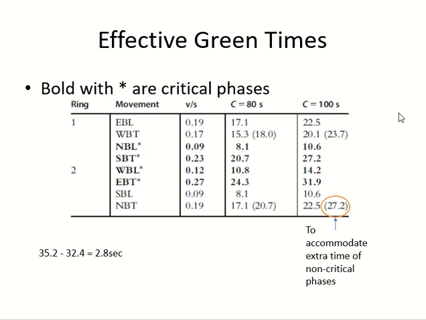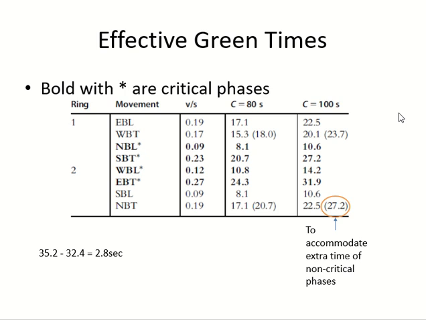Okay, total is how much? 35.1. And the other two, westbound through and eastbound left, their total is how much? 32.4.